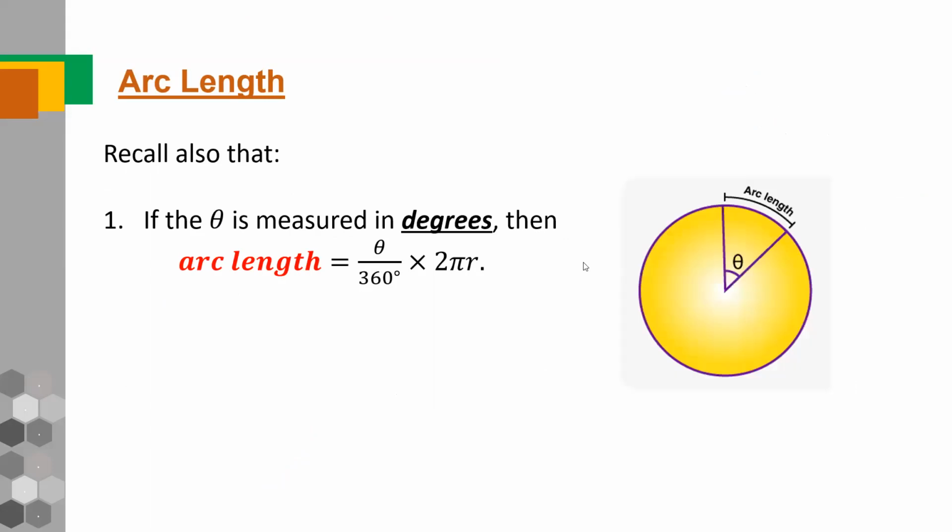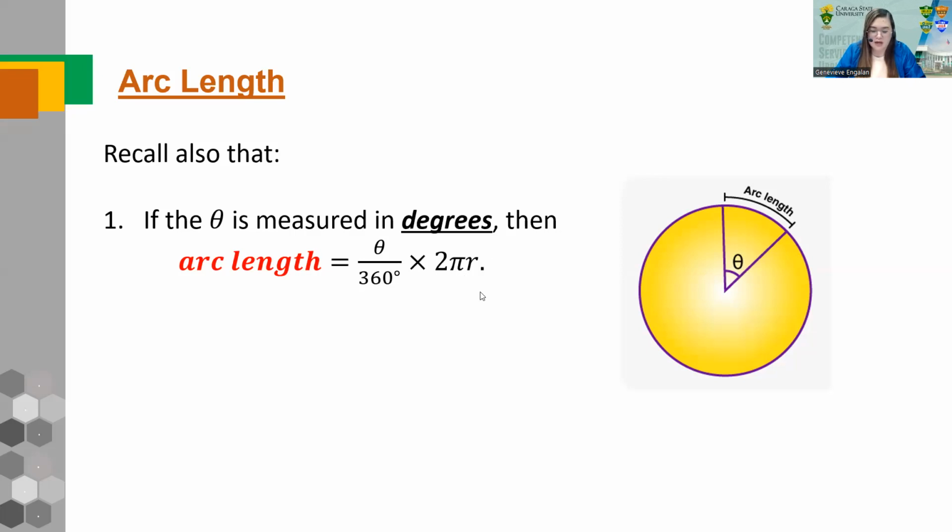So if given ang angle, ang arc length nimo is equal to the measure of the angle divided by 360 times 2 pi r.